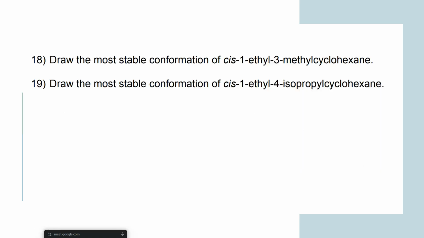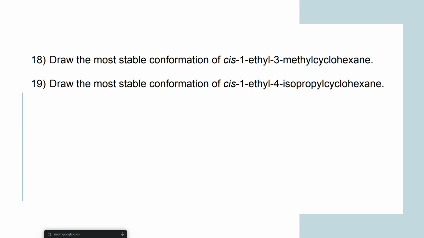Now, let us move to the stable conformations of these 2 organic molecules given. So it says, draw the most stable conformation of cis-1-ethyl 3-methyl cyclohexane and cis-1-ethyl 4-isopropyl cyclohexane.